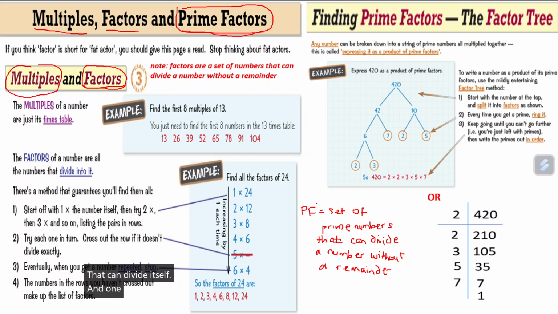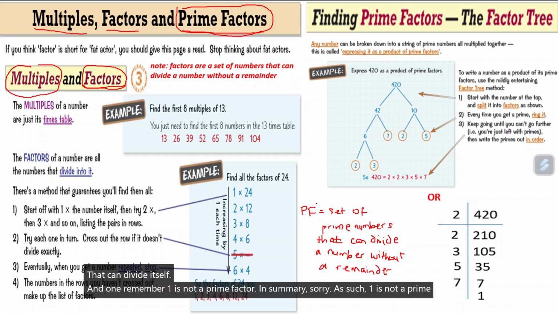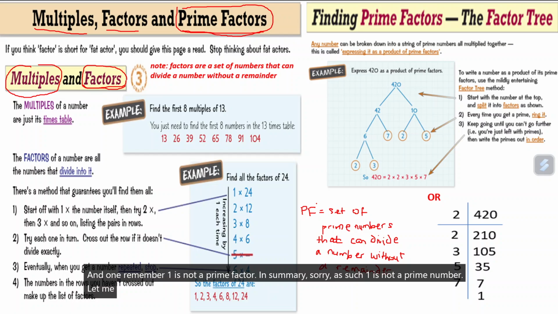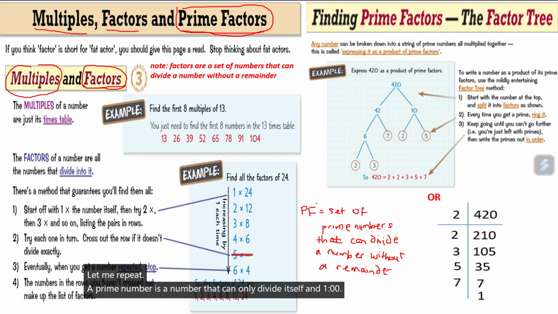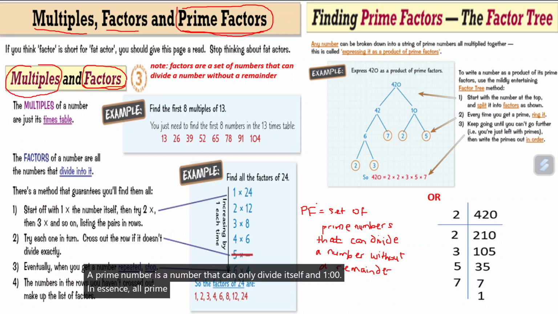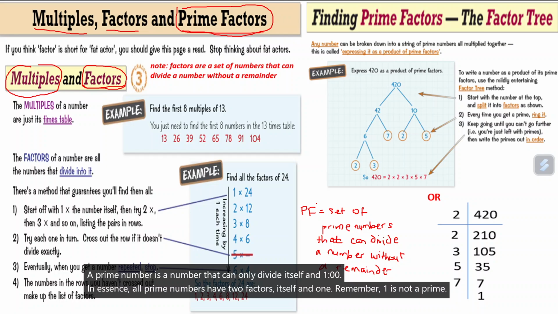Remember, 1 is not a prime number. Let me repeat: a prime number is a number that can only divide itself and 1. In essence, all prime numbers have two factors, itself and 1. Remember, 1 is not a prime number.